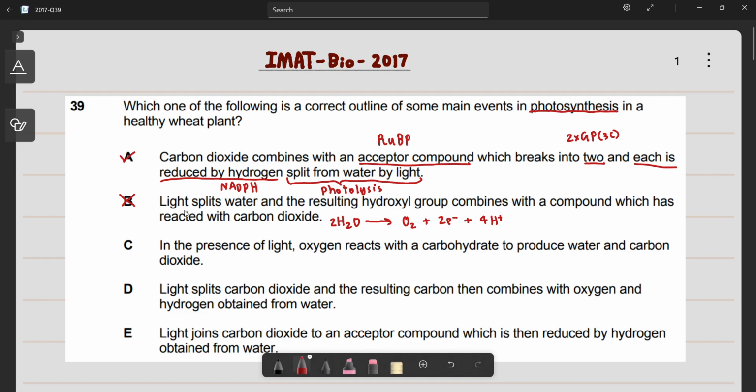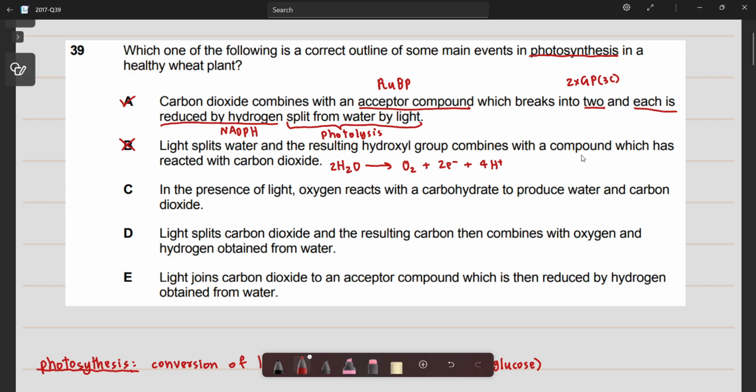So this statement explains photolysis, but it's wrong because it mentions a hydroxyl group. We don't have a hydroxyl group. We have oxygen, electrons, and protons as our main products in the photolysis.